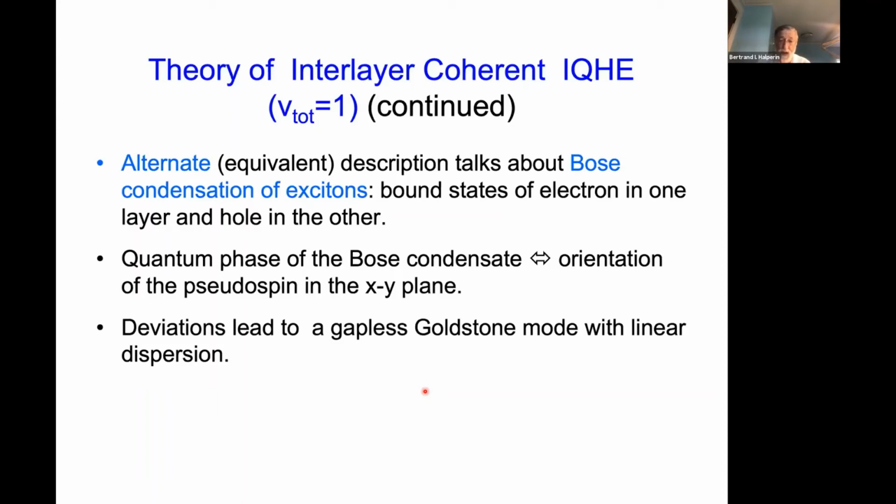The quantum phase of this Bose condensate, which is a free variable, just corresponds to the orientation of the pseudospin in the xy plane in the magnetic description. And again, deviations lead to a gapless Goldstone mode.